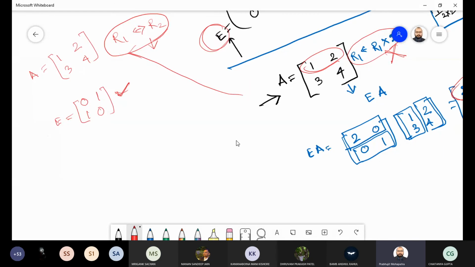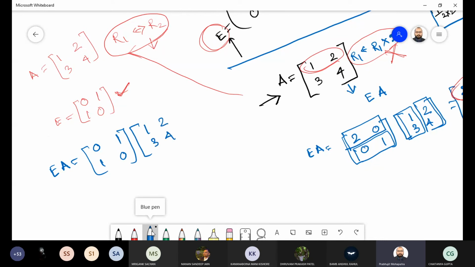Now if you are multiplying E with A, here E is [[0,1],[1,0]] and A is [[1,2],[3,4]]. Row with column: 0 into 1 is 0, 1 into 3 is 3.